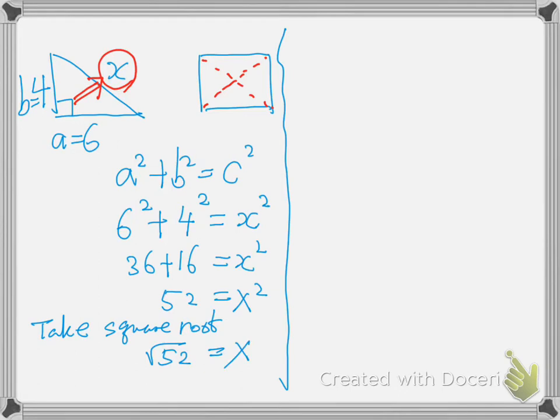So now if you check A, B, C, D, radical 52 is not in the answer because you didn't simplify radical 52. So you can use the online calculator to simplify radical 52. Radical 52 is 2 radical 13. Okay, so the last step here, you can use the calculator.